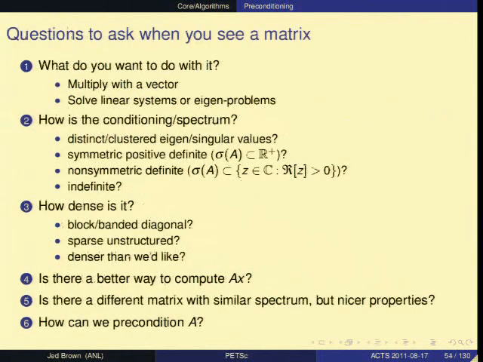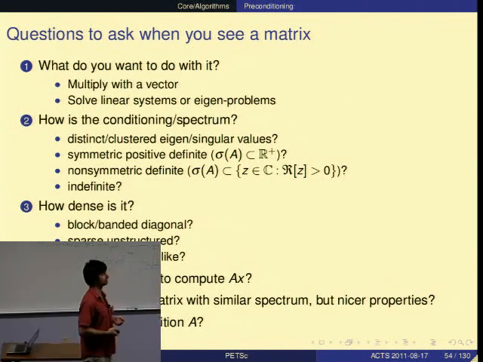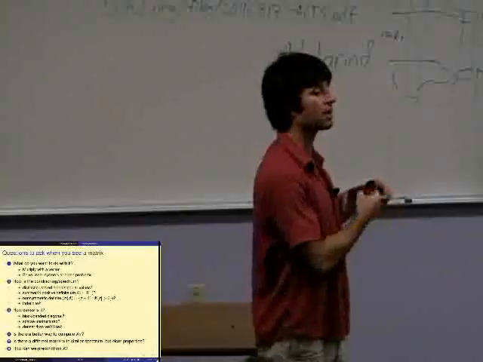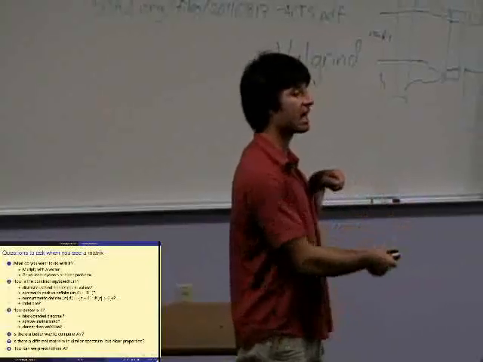Is there anything that you can do for the matrix-free case? Without knowing anything else about it, there's very little that you can do. You can do some other Krylov method, and you can nest that.